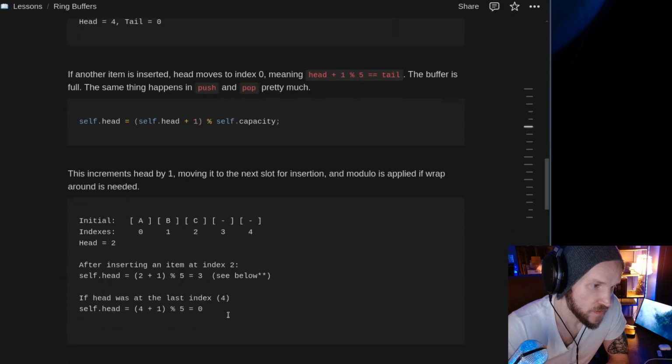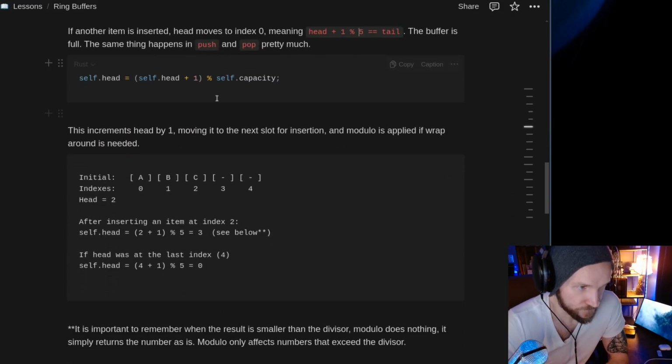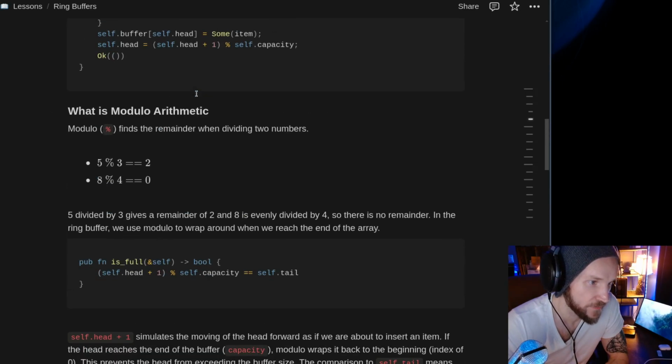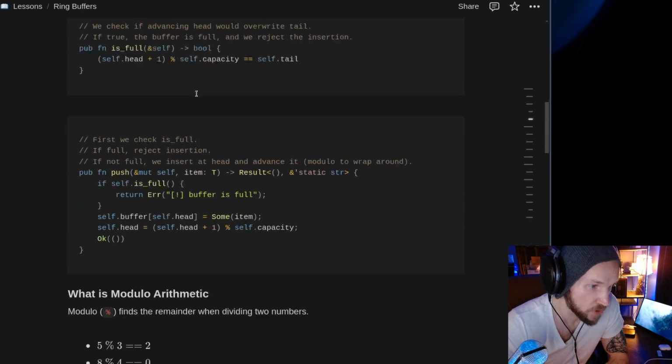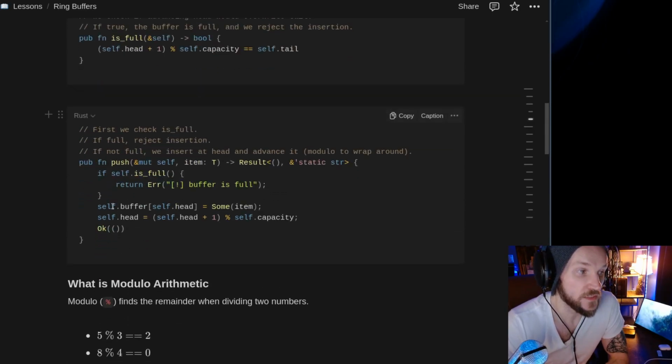Now, let's come down here. Like I said, up here the self.head, this is incrementing. So if we come back up to our push, we'll see we have our buffer, we insert some item, and the head is the currently available slot.